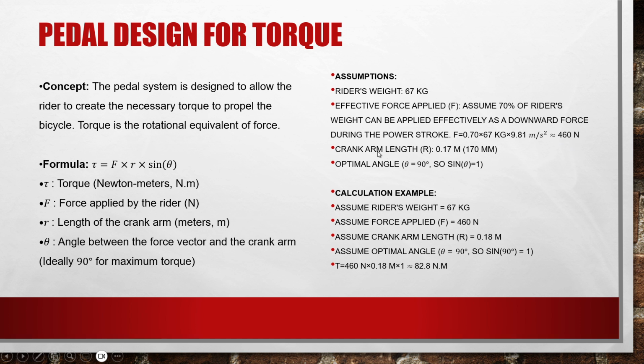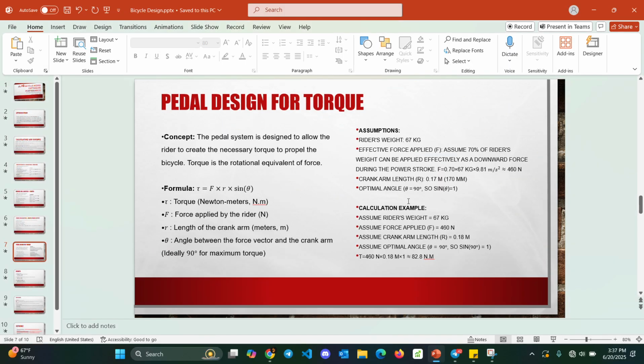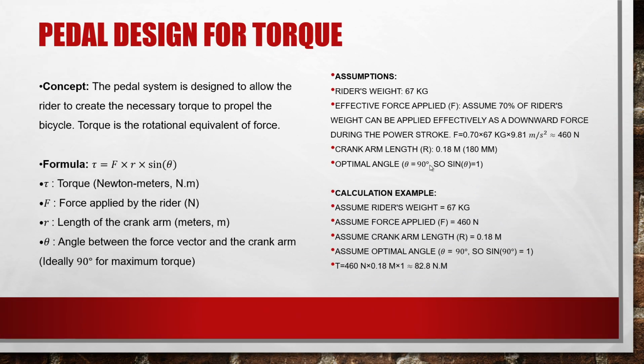And we assume the crank arm length to be 0.18. Sorry, I forgot to change this. It was a typo. I meant it to be 0.18, but accidentally typed 0.17.